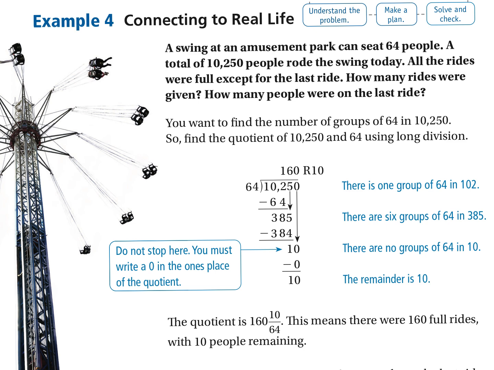So it's set up there for you. It shows you exactly how to work out that problem. My answer is 160. Remember I said we don't use remainders anymore. We write our answers as either mixed numbers or decimals. So what that quotient means is that there were 160 full rides given, but there were 10 people left over that rode that last one.